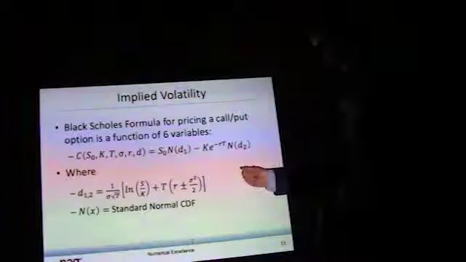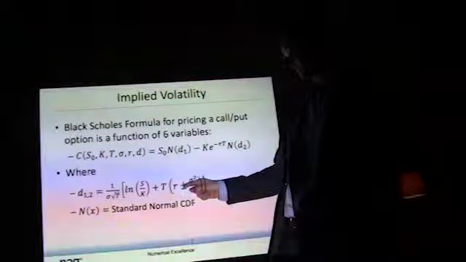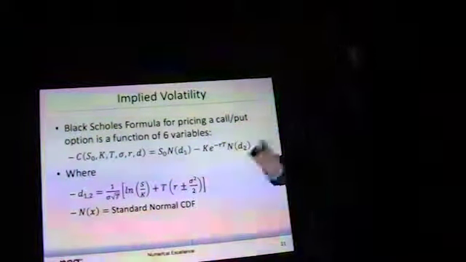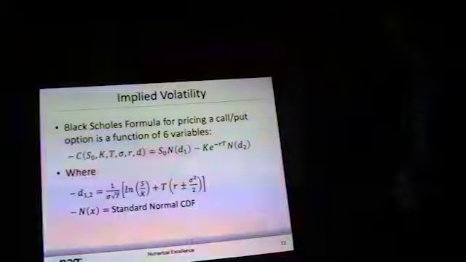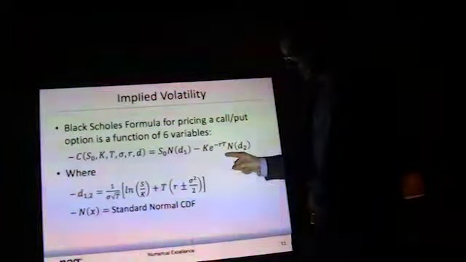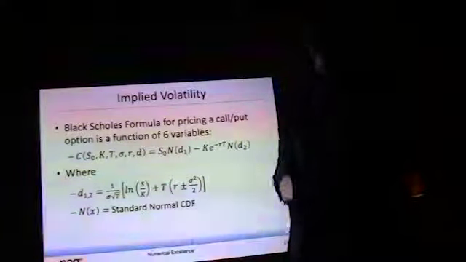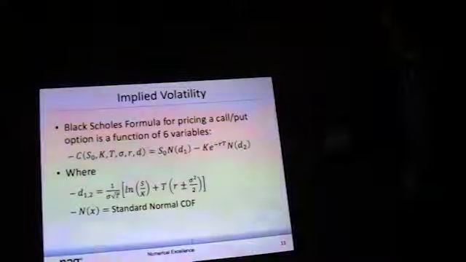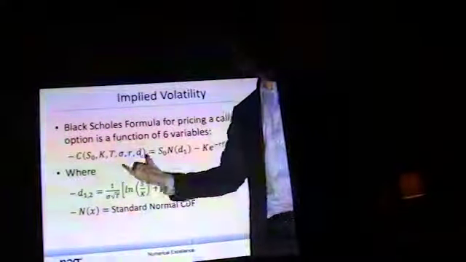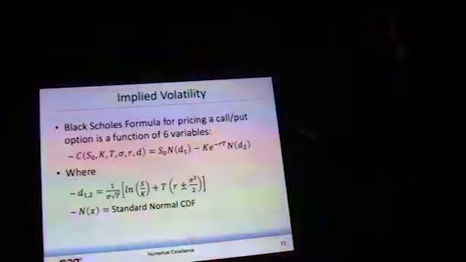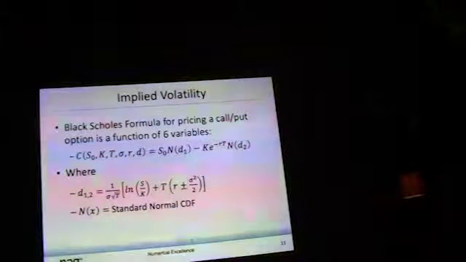And for d2, you have a negative sign here, and this sigma squared is going to dominate, so as sigma goes to positive infinity, d2 is going to go to negative infinity, this goes to 0, and so you just get S0. So it turns out this Black-Scholes formula is a monotonic function of sigma. So you can actually find a root for it.